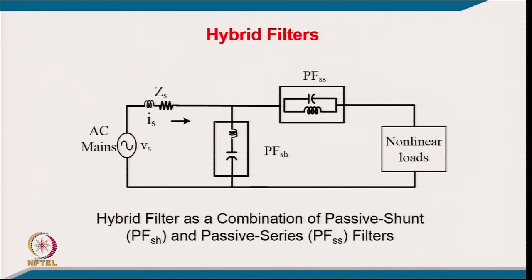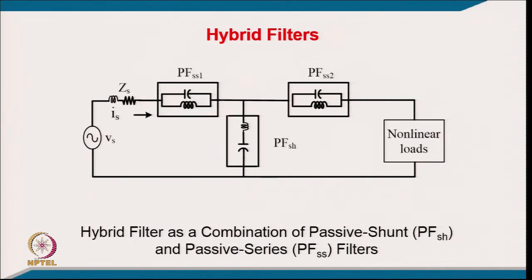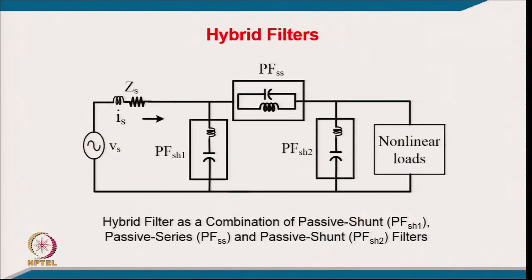These are hybrid filters of passive elements, or it can be a hybrid of three passive elements: one here, another here, another here. People try in practice to distribute these different elements at different locations. We call it a T kind of hybrid filter, or you can call it a pi hybrid filter, with one passive series and two passive shunt on both sides.